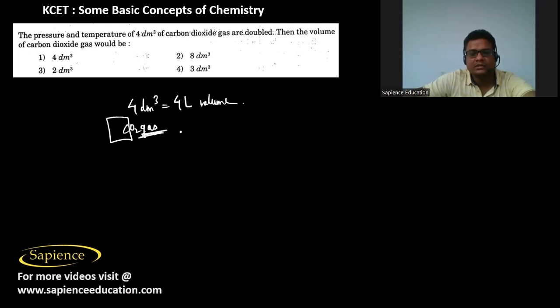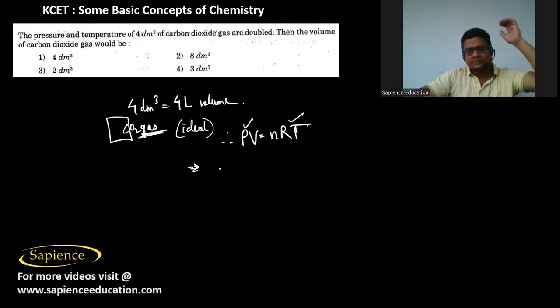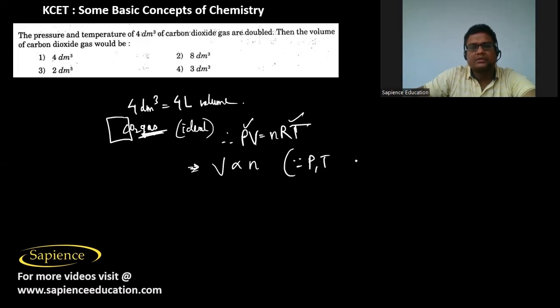If we consider CO2 gas as an ideal gas, then we can say that PV equals nRT, means pressure into volume equals the number of moles times the universal gas constant times the absolute temperature. Now here it is told pressure and temperature are kept constant only. So volume is proportional to the number of moles of CO2.